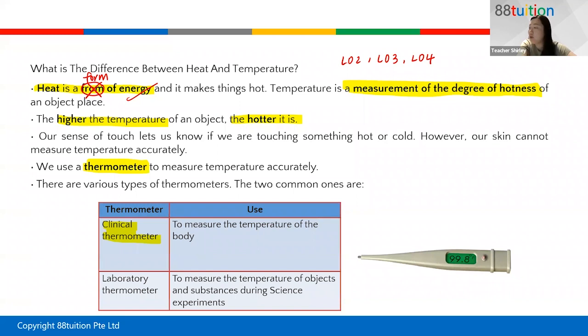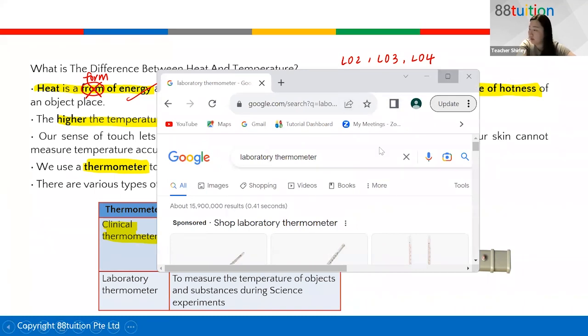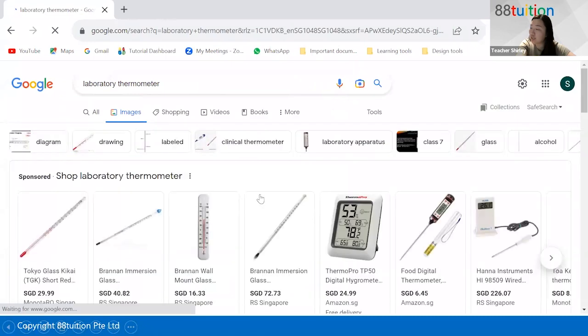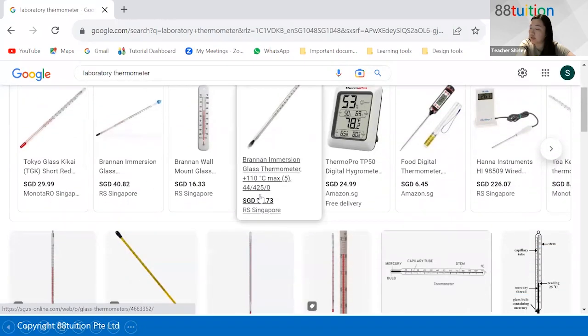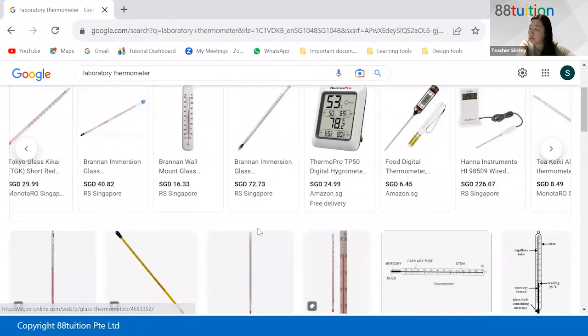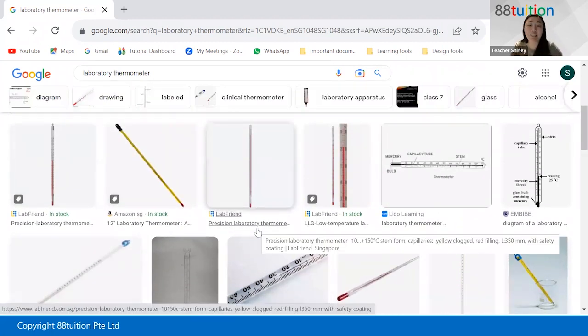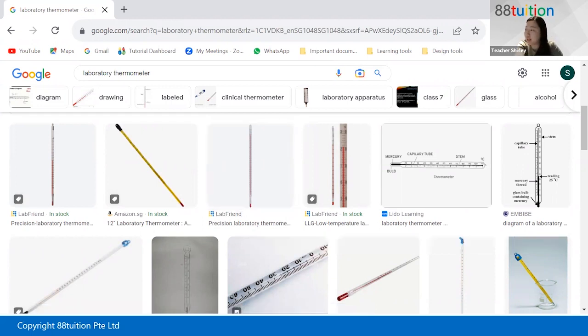They are very long and narrow, and usually they can measure up to about 120 degrees. Usually we put it inside test tubes or beakers to measure the temperature of the chemicals. So it's used in a science laboratory. This is how a laboratory thermometer looks.